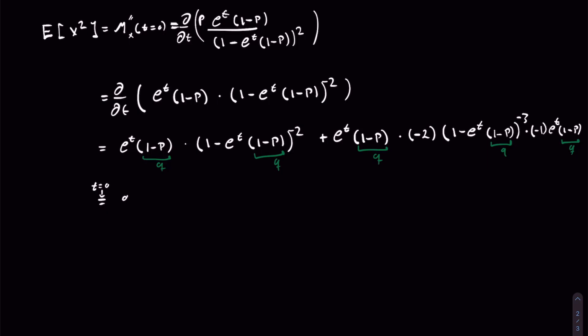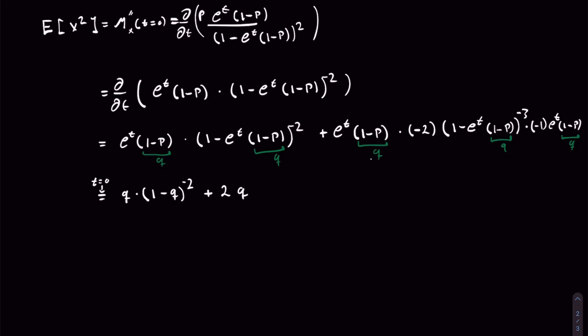So then we have a q multiplied by 1 minus q minus 2 plus, let's take the constants first, so the two negatives, so we get a 2 here, and there's a q here, and then we multiply by 1 minus q, minus 3, and that's a 1, and that's another q here.